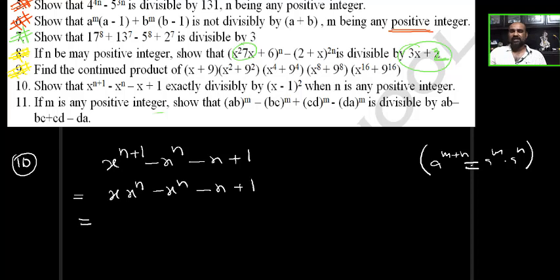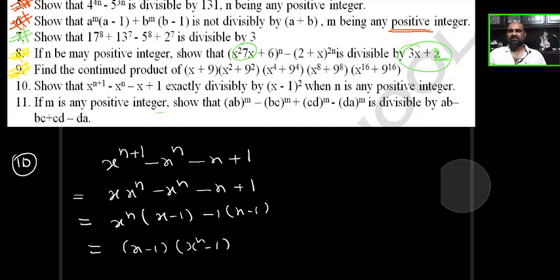From the first two terms I can take x^n common, what I will get is x - 1. From the next two terms I can take minus 1 common, x - 1. From the total I can take x - 1 common. What happened? x^n - 1. So I will complete here.